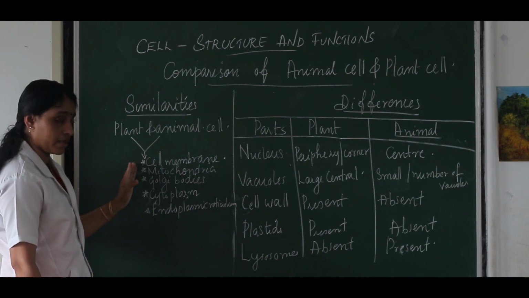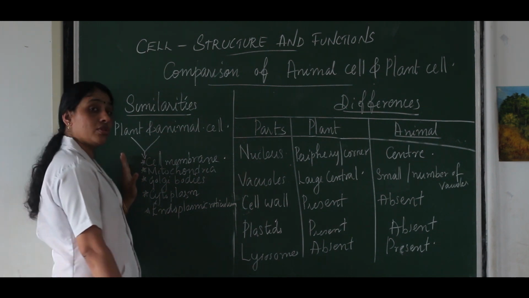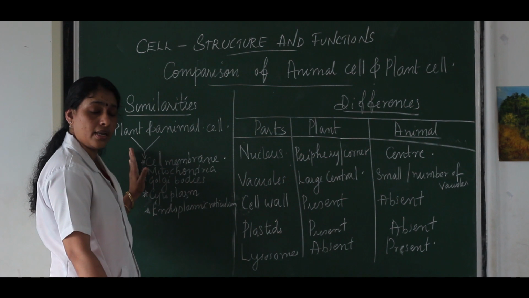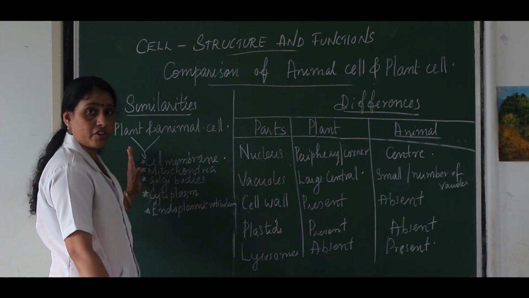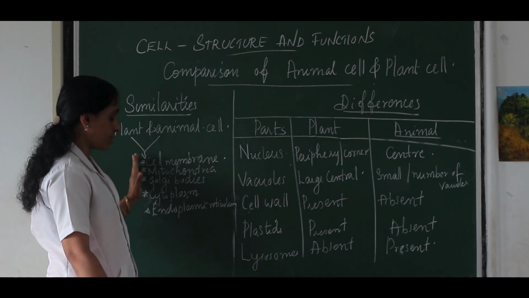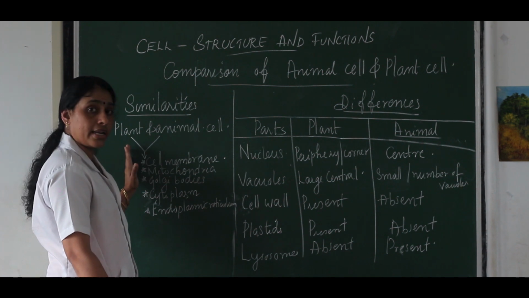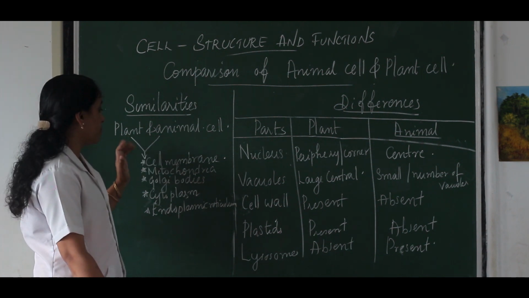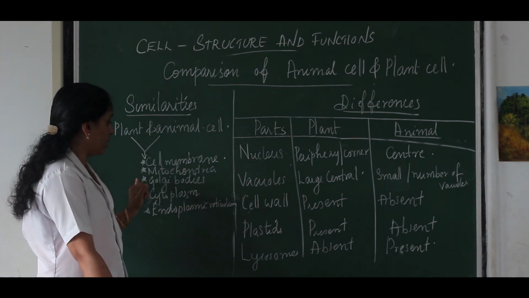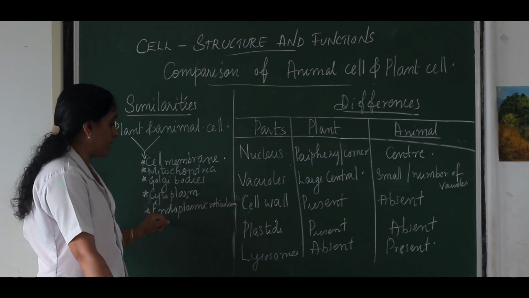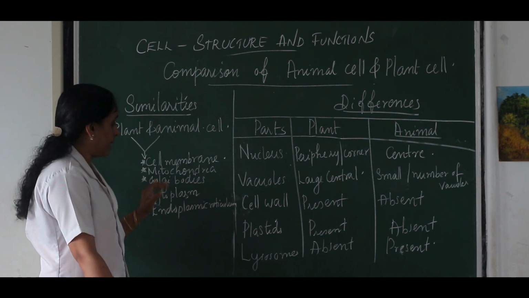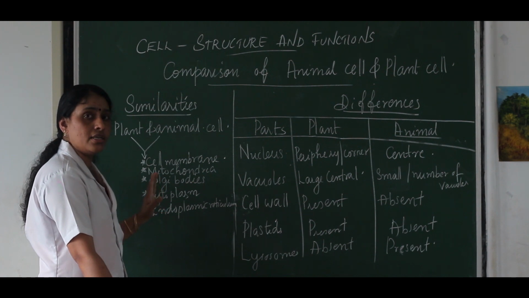These cell organelles are present in both plant cell and animal cell, and they do the same functions. Their functions are almost all similar in plant cell and animal cell.